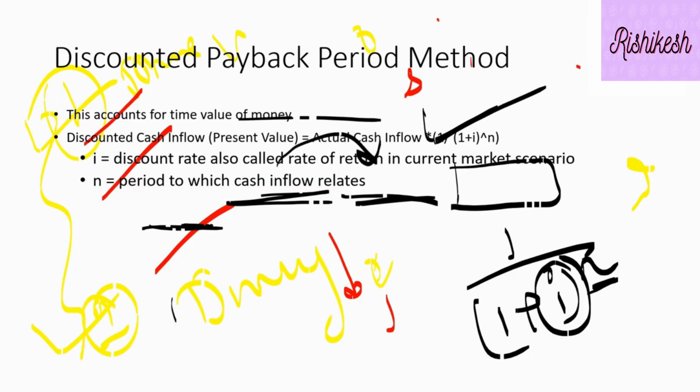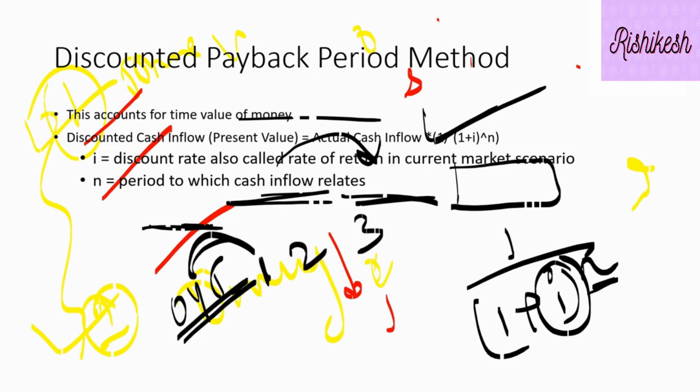Let us suppose you want to calculate everything at the present and it's at the third year. So this is one period, second period, third period. So the value of n will be equal to 3.